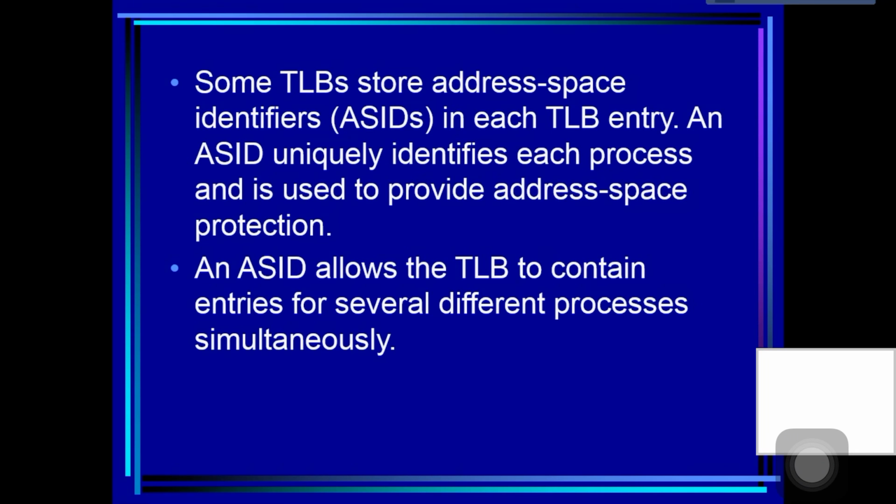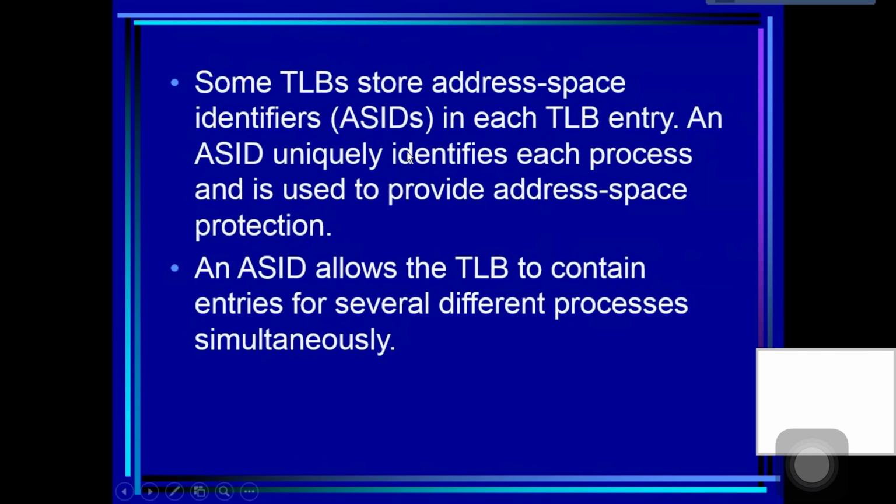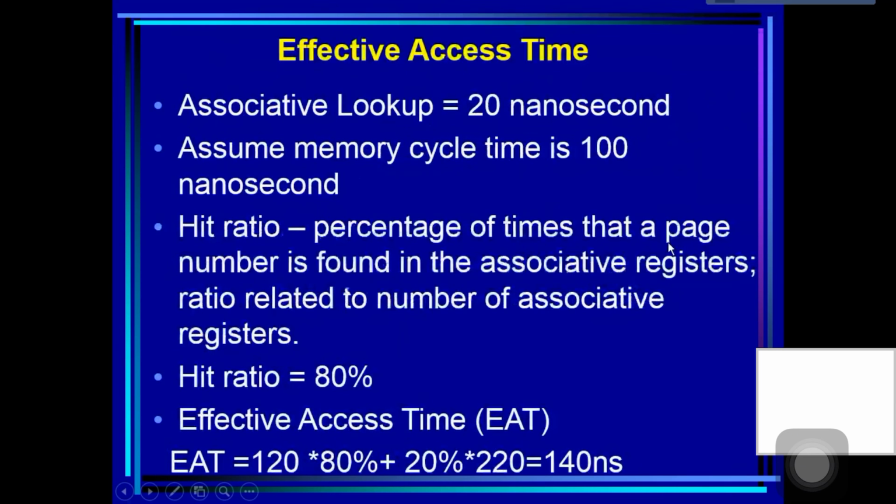This is important. If the TLB contains the page entries for several different processes, then we must add one column to the TLB. That column is for the process ID. Here it is called address space identifiers, ASID.